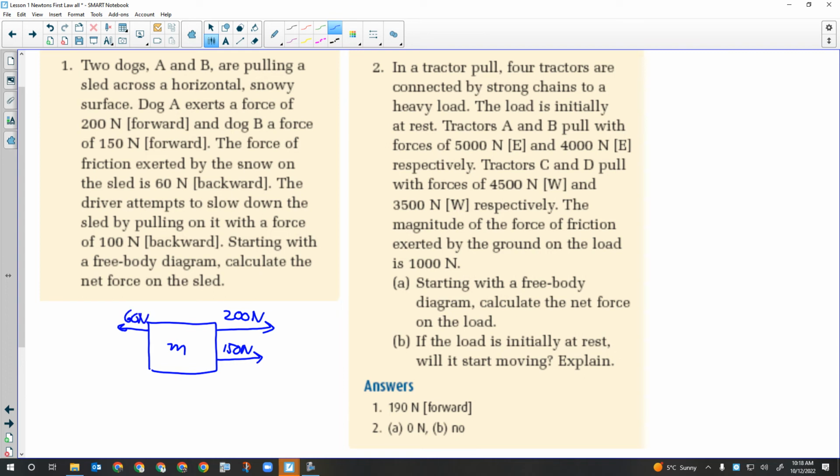And the driver attempts to slow the sled by pulling on it with a force of 100 newtons backwards. So there's my free body diagram. I have 350 newtons forward, minus 100 is 250, minus another 60 is 190 newtons forward would be our F net.